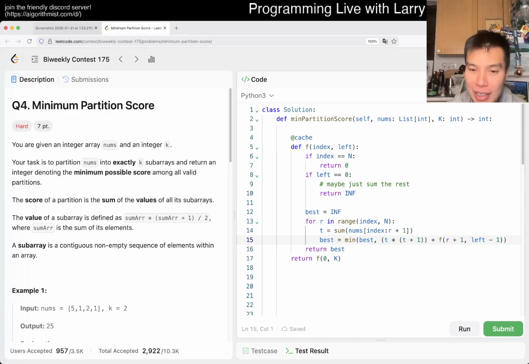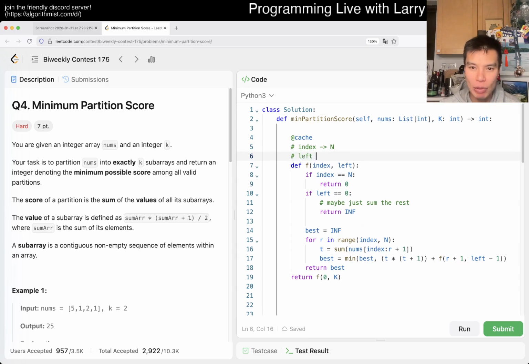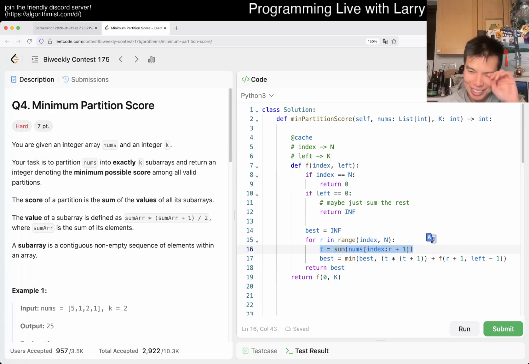But anyway, so this is how I write it. But the reason, of course, this doesn't work is that this would time out. Index is O of n, right? Left is O of k, and then there's a loop in there. This you could probably have done in a sliding window. So this you could speed it up.